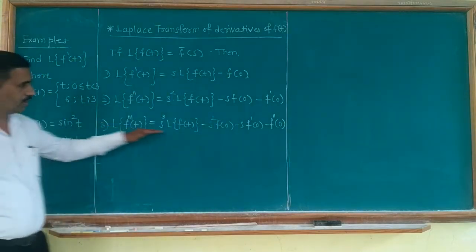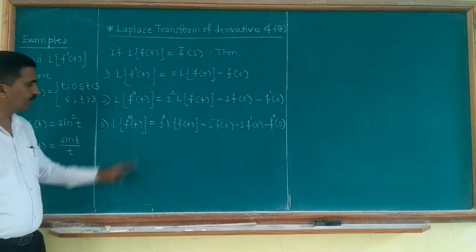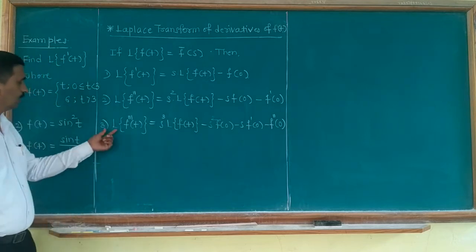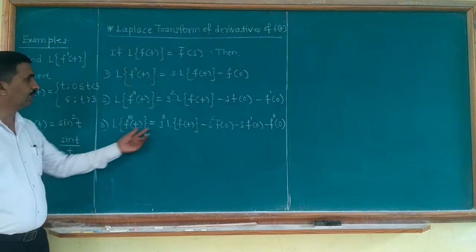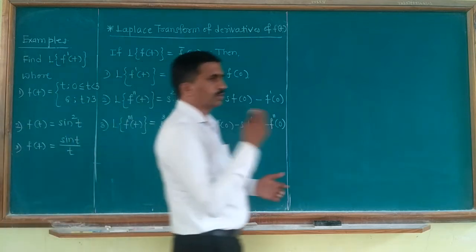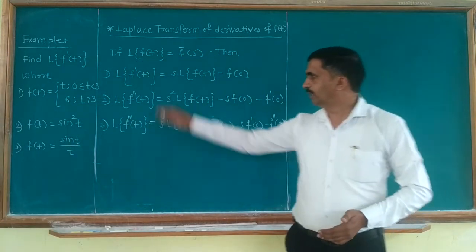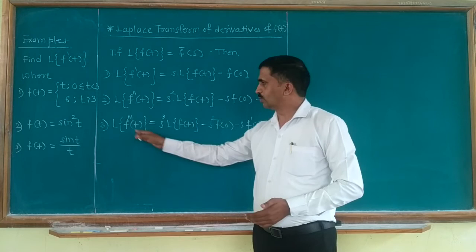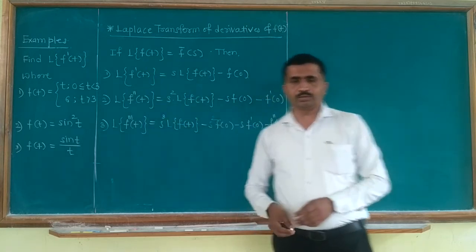So find all the values involved in this formula, substitute, and then you will get the Laplace transformation of f triple dash t. So these are the particular cases, that is the first order derivative, second order derivative and third order derivative, so Laplace of these derivatives.